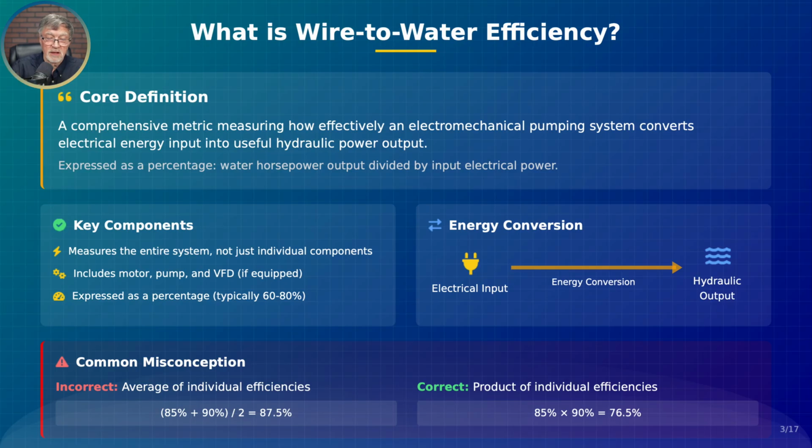That is incorrect. It is a product of the individual efficiencies. So you're going to get a number a little lower than you might be expecting. You're multiplying the motor efficiency by the pump efficiency, and that's going to get you to your actual wire to water efficiency.